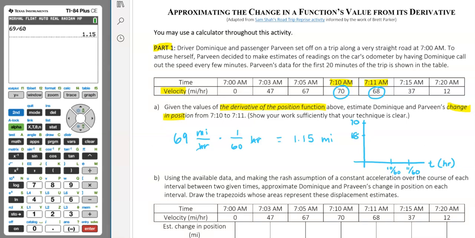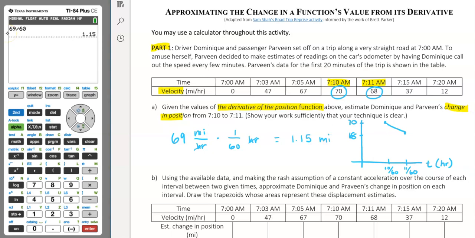And assuming an average speed over that interval of 69 is the same thing as assuming a constant deceleration over that interval, so that our velocity graph looks linear as we move from a velocity of 70 to a velocity of 68. What I'm going to ask you to think about in relation to the answer we just got is the area of this trapezoid.